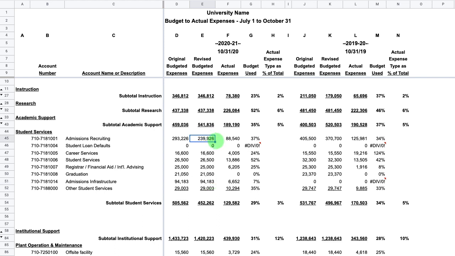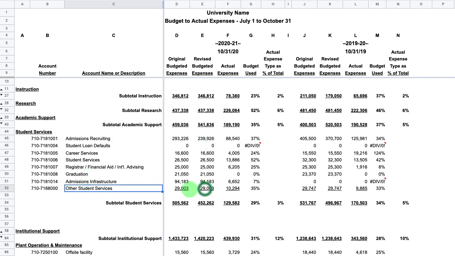Whereas recruiting expenses, these are the things that will fluctuate wildly from year to year. And notice here we've spent at October 31st, $88,000. The primary recruiting season is heavily active from September through December. So it's no surprise that this is tracking below the budgeted amount at this point in time.